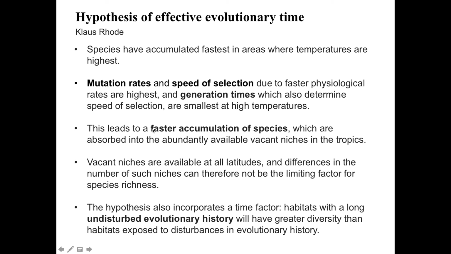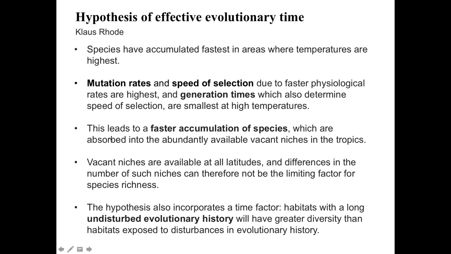So this leads to a faster accumulation of species at higher temperatures, which are absorbed into the abundantly available vacant niches in the tropics. So niches are available, Professor Roeder suggests, at all latitudes, and differences in the number of such niches cannot be a limiting factor controlling the number of species you fit into each ecosystem.